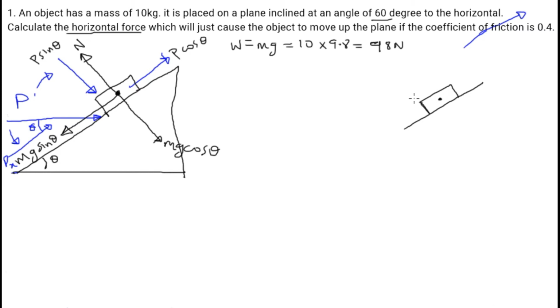So notice that as p cos theta faces up the inclined plane so that it is able to drive the object up the inclined plane as a component of p, there will be a frictional force which will be ready to oppose it. Okay, the frictional force, let's say that is Fr.